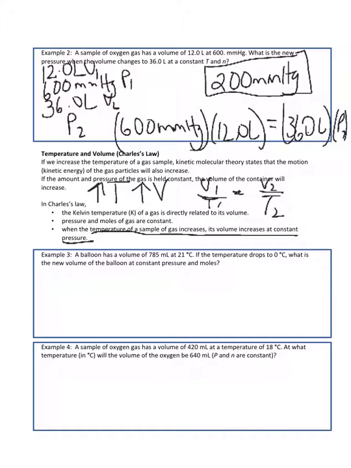So let's try some examples. A balloon has a volume of 785 milliliters at 21 degrees Celsius. If the temperature drops to 0 degrees Celsius, what is the new volume of the balloon at constant pressure and moles? So we have a volume of 785 milliliters and a temperature of 21 degrees Celsius.